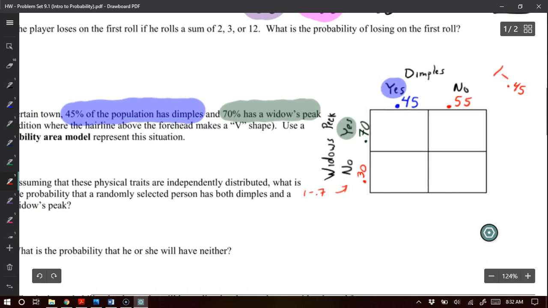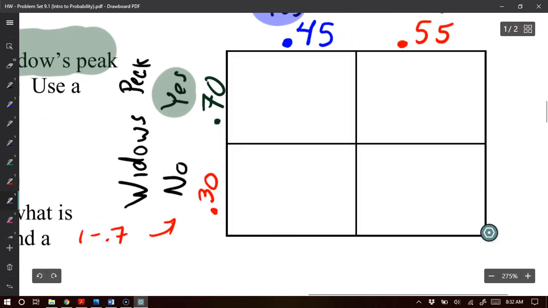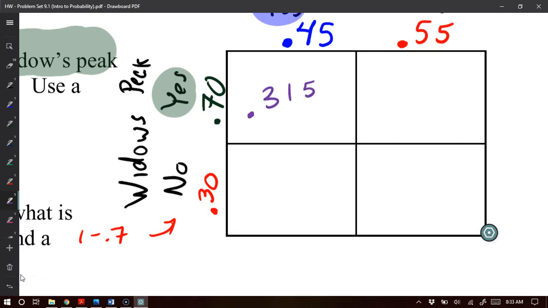Now, I'm going to forget about the whole question and fill in the rest of the area model. I'm going to do 0.45 times 0.70, and I'm going to get 0.315 here. If I go to the top right, I'm going to do 0.55 times 0.7, and I'm going to get 0.385 here.